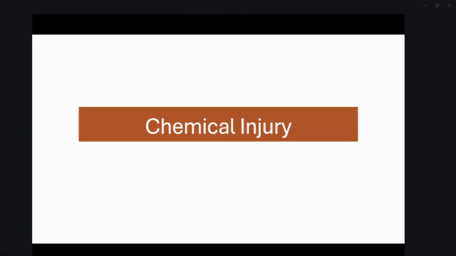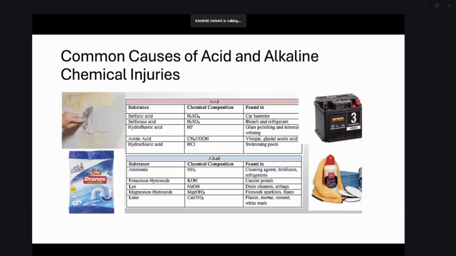Okay. The next one is the chemical injury. The common causes are acid and alkaline chemical injury. Of course, sometimes we don't know what type of agent splashed into the eyes, so we need to find out what it actually is.